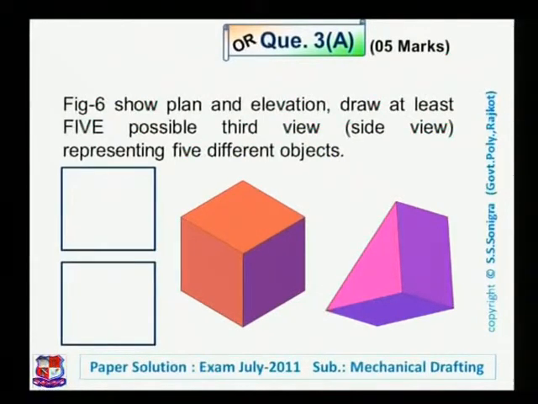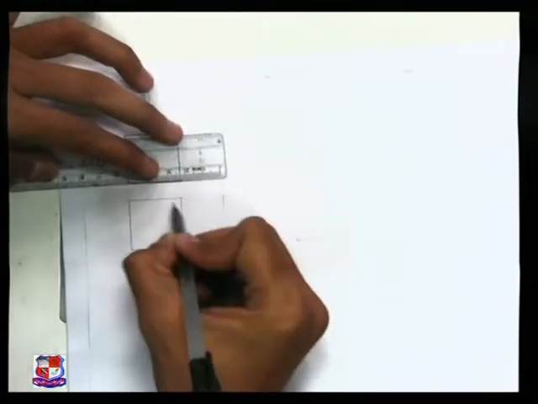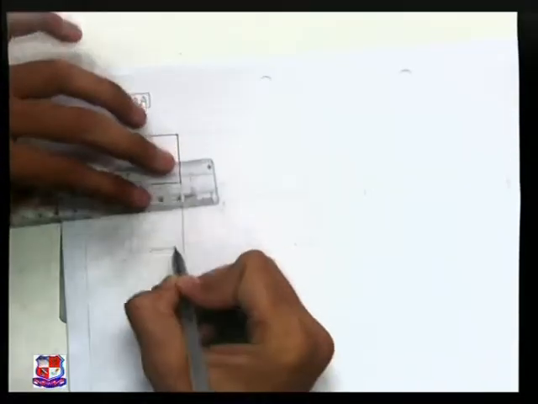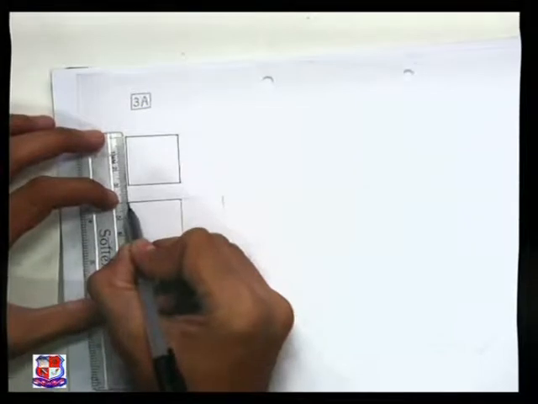Here first we draw the given views, top view and front view, which are given to us like this, and top view is given above front view, so the third angle projection method is employed in this problem, and this is the given question.